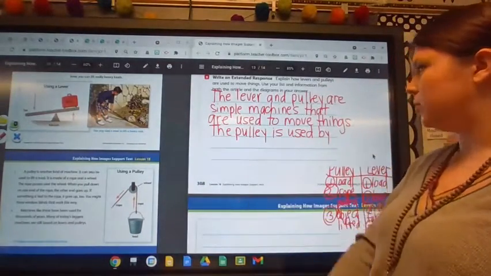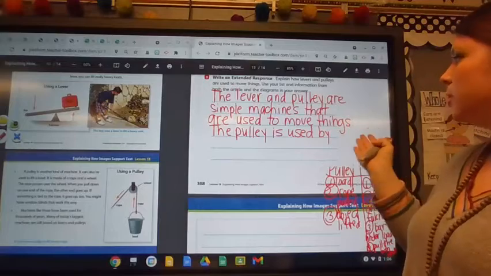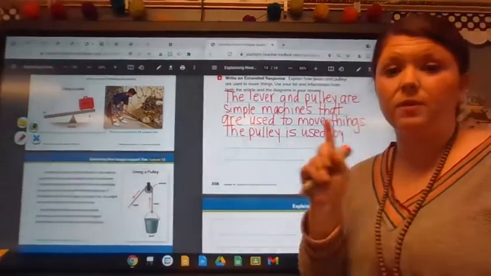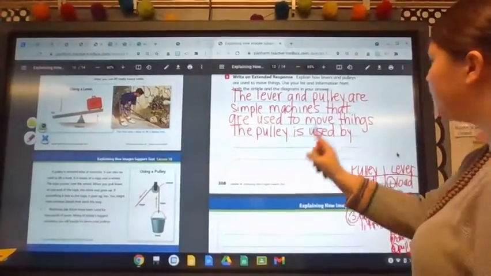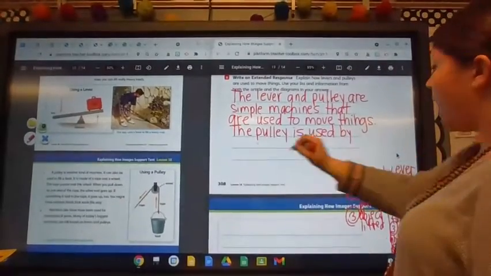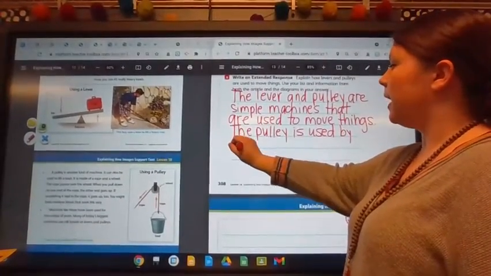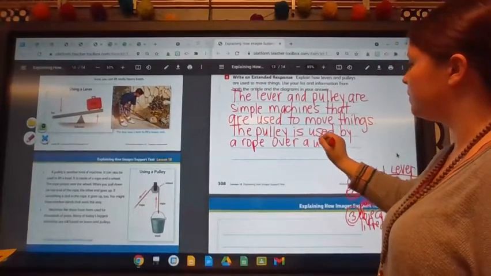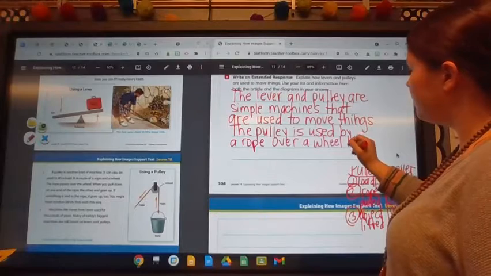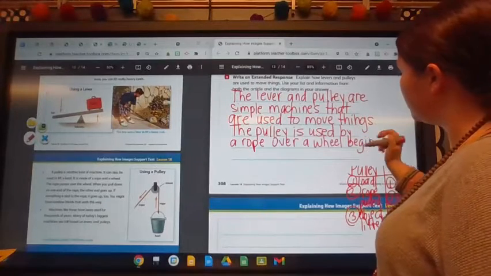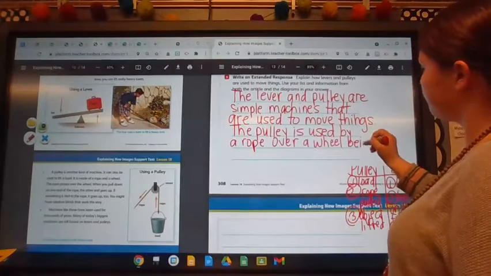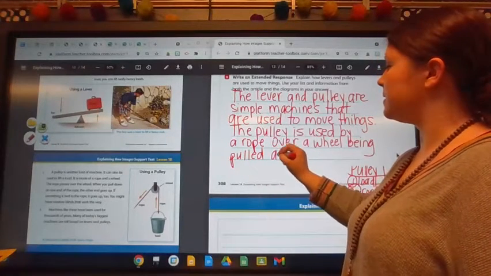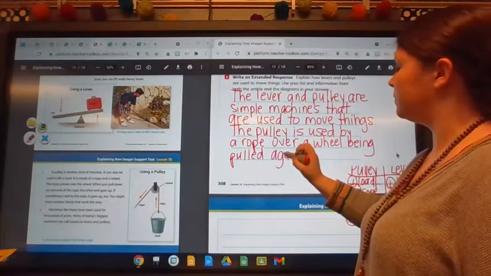Levers and pulleys are simple machines that are used to move things. Now we're going to explain how the pulley is used, and then how the lever is used. So the pulley is used by a rope over a wheel being pulled against the load.